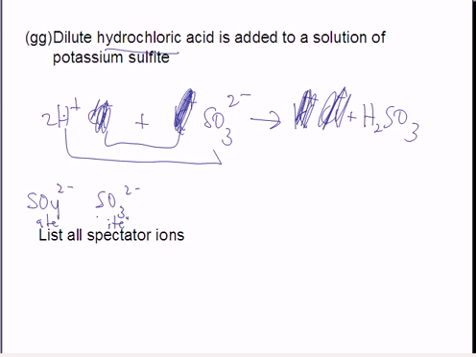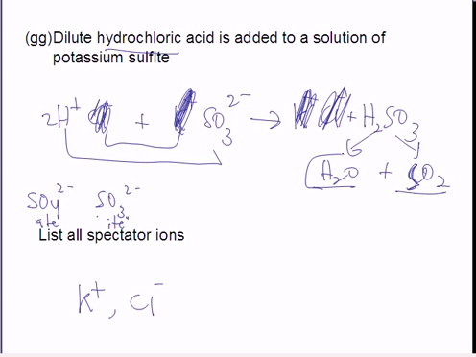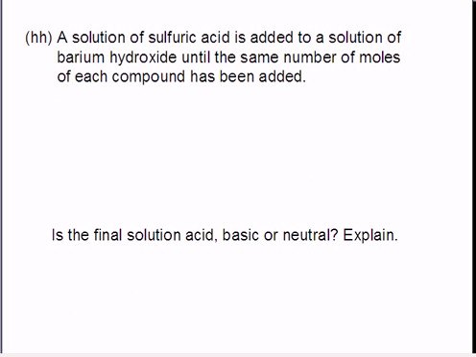And what they actually have it doing is this breaking up subsequently into H2O and SO2, just like carbonic acid breaks up into H2O and CO2. Sulfurous acid breaks up into H2O and SO2. So the spectator ions were the K plus and the Cl minus. Those are the spectator ions in this case. If you don't remember to do that, that's okay, but it's a nice thing to be able to remember.